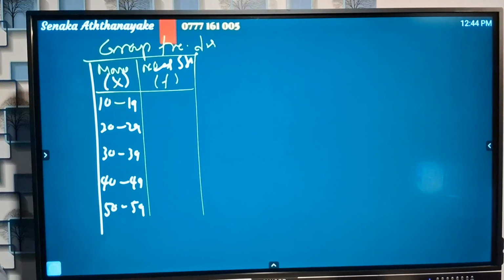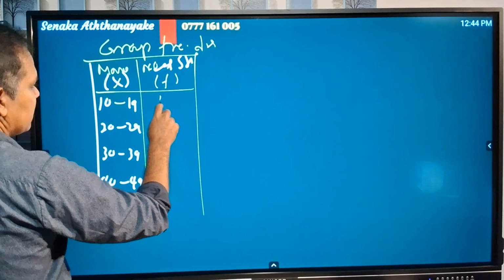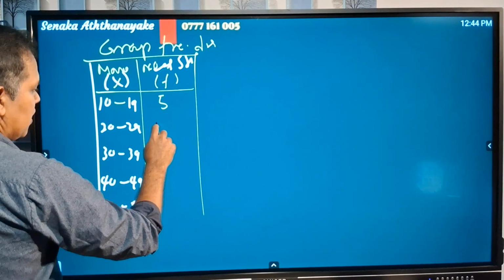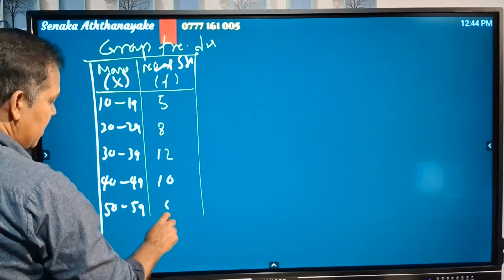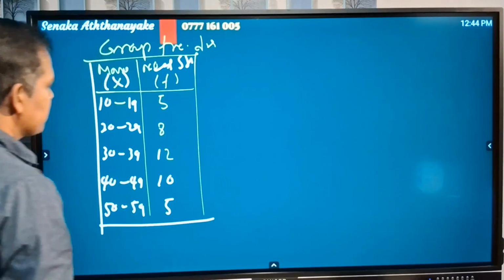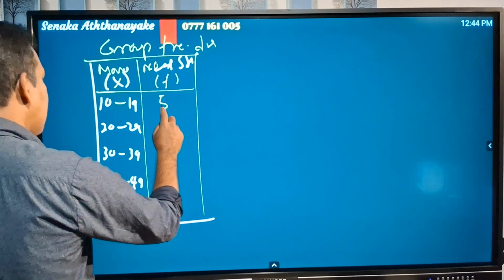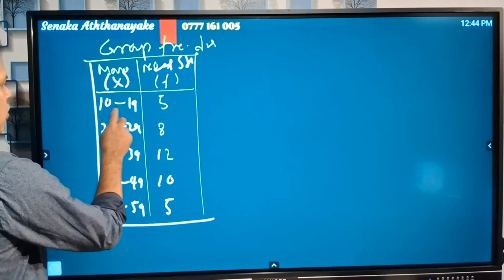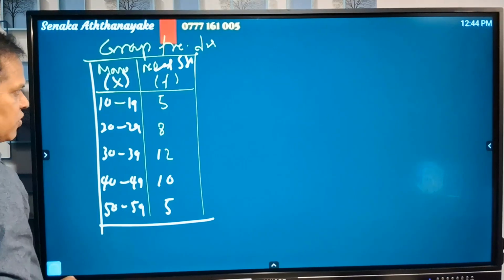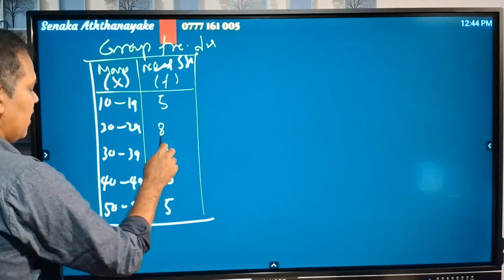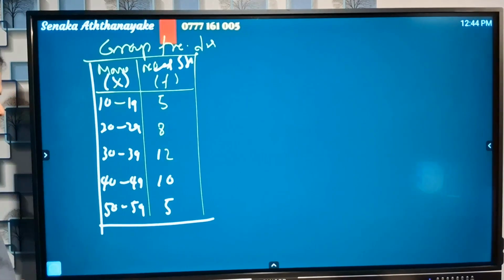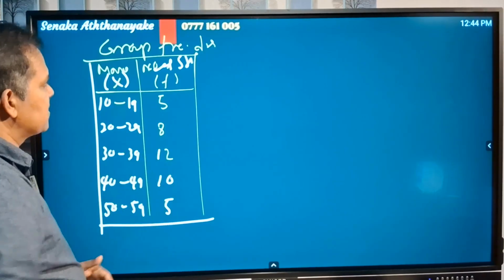The frequencies of these classes are: 5 students, 8 students, 12 students, 10 students, 5 students. 5 students are there between 10 and 19. The total number of students in this class is 5. 8 students are there within this range. Likewise, you can understand the meaning of this.